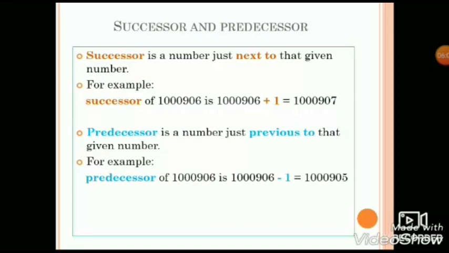You just have to add 1 for finding the successor, and the predecessor is just the number previous to the given number. For example, the predecessor of the same number 1,906 is 1,906 minus 1, that is 1,905. So for finding the predecessor, you have to subtract 1 from the given number and you will get the predecessor.